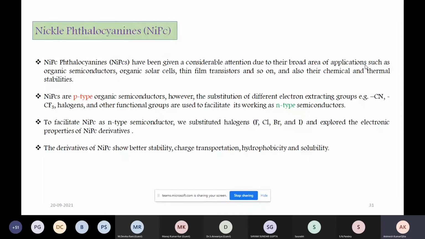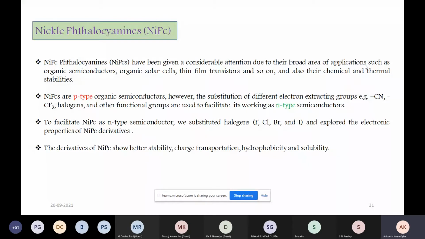However, the substitution of different electron extracting groups like CN, CF3, halogens, and other functional groups are used to facilitate its working as an N-type semiconductor. So if you replace the hydrogen by these groups, this molecule starts working as an N-type semiconducting molecule, okay.